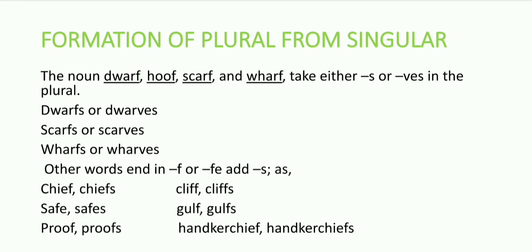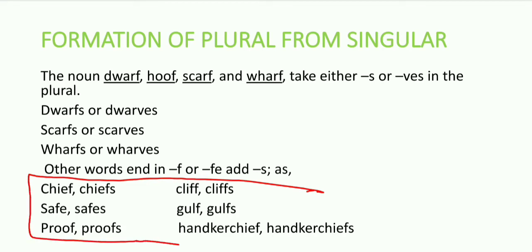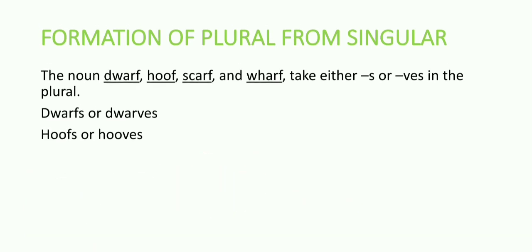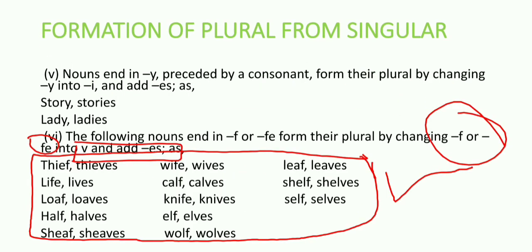Keep in mind, these are the examples. Most other nouns ending in f only add s, but as we discussed earlier, some of the nouns ending in f or fe are different.